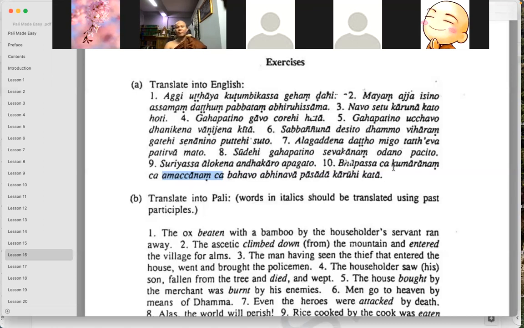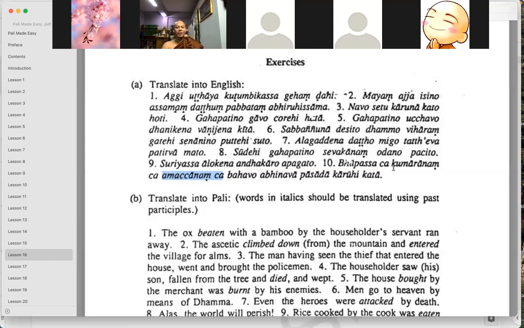So in that case, we can understand pupasa as a genitive, meaning the prince of the kings. So if ja is omitted, can we understand pupasa is not dative but genitive? Is that right? Can be. Thank you, Bante.